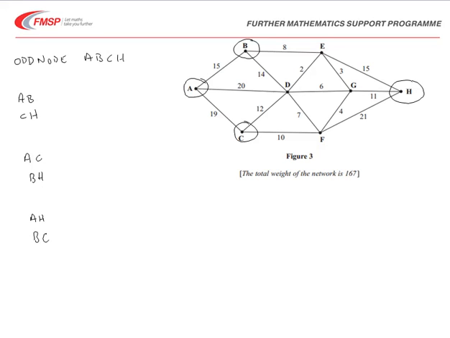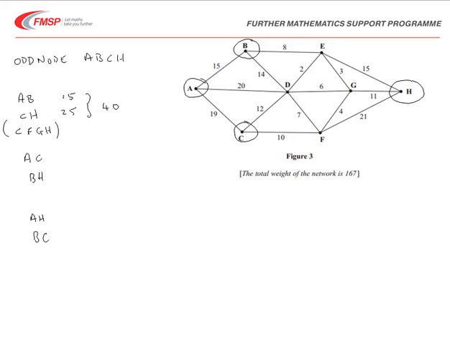Now it's probably worth saying that we need to look at the actual smallest route for this, and the route from C to H is obviously not direct. So looking at that one first, from C to H, the smallest route is C, F, G, H, and that has a value of 25. A to B is a value of 15, and in total then that gives us 40.